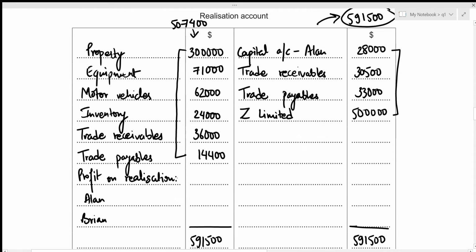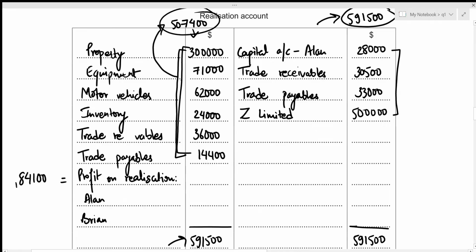And whenever we're trying to figure out the balancing figure, we just need to subtract these amounts from the total. And we already figured out the total for these amounts, which is 507,400. So we just need to subtract this value from our total, which is going to be 591,500 minus 507,400, which gives our profit on realization to have the value of 84,100.